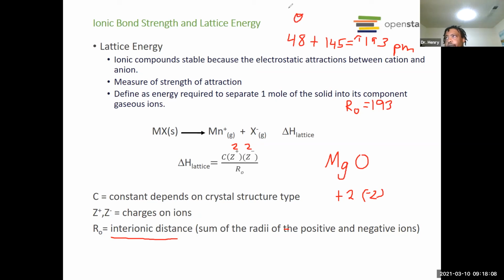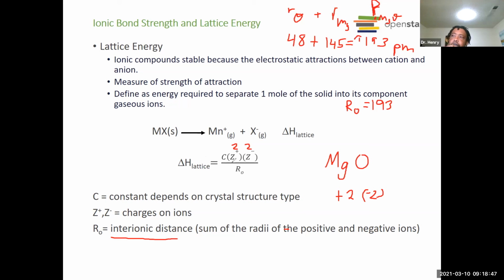This is the radius of oxygen. This is the radius of magnesium. So we're just adding them together, and then that's going to give us the distance of magnesium oxide.